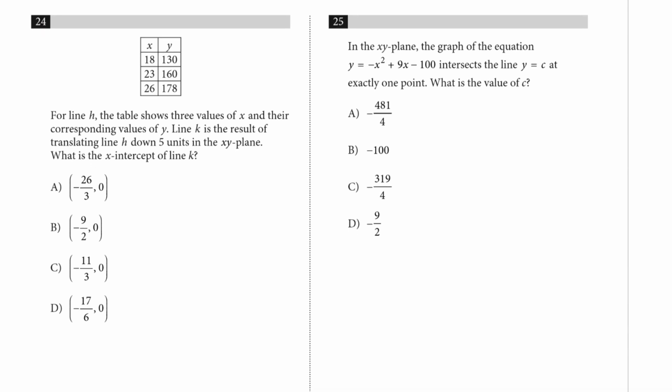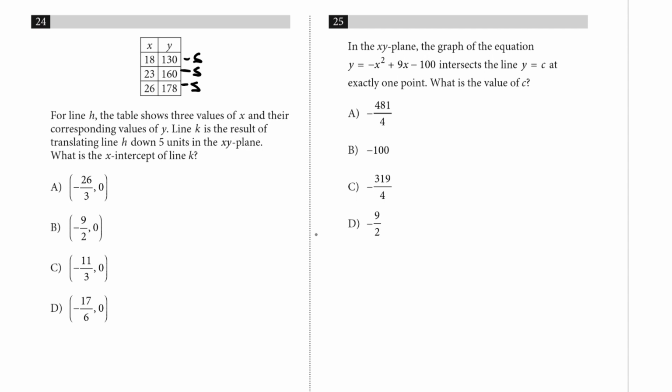Number 24. For line H, the table shows 3 values of x and their corresponding values of y. Line K is the result of translating line H down 5 units in the xy plane. What is the x-intercept of line K? If we bring line H down 5 units, that means that each of the y values is going to decrease by 5.